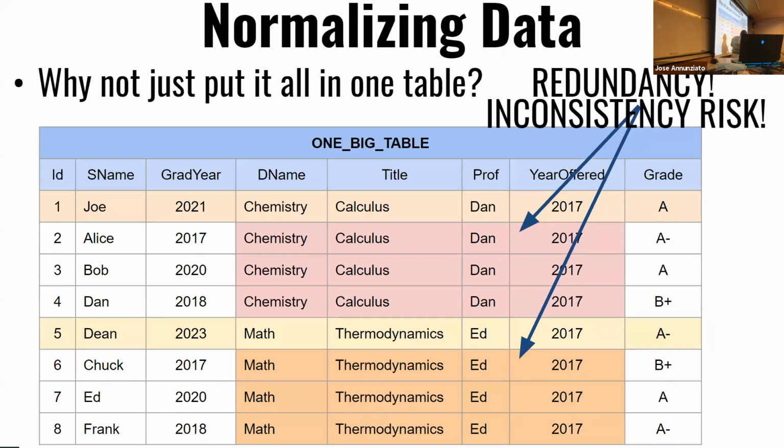They're all in the chemistry department. They're all taking the same course, calculus, taught by the same professor. So we'll start seeing that the same piece of information is being repeated over and over and over. You see this, right?